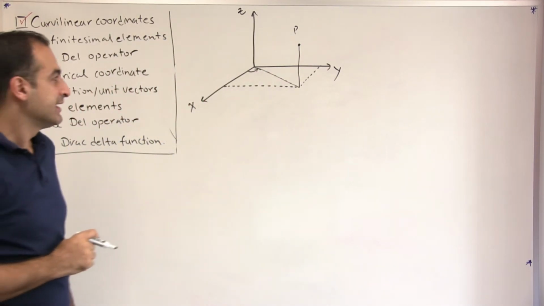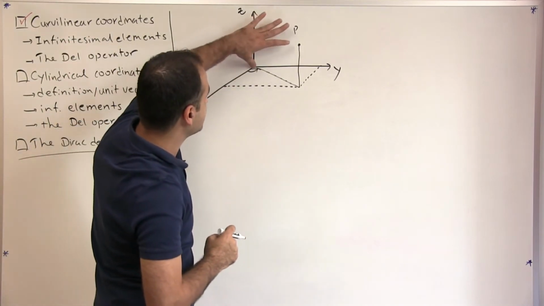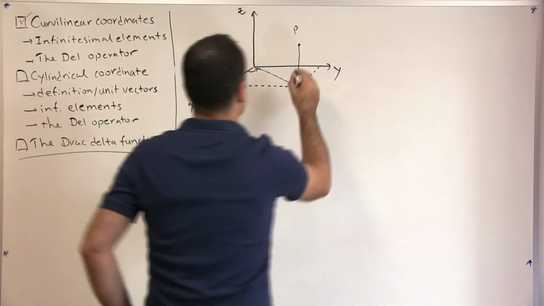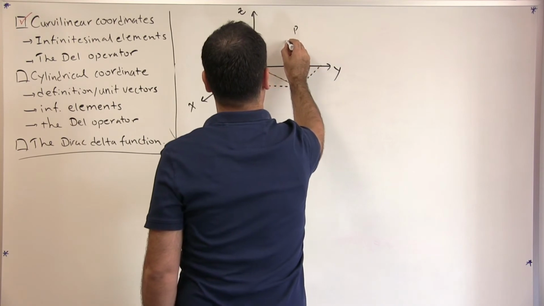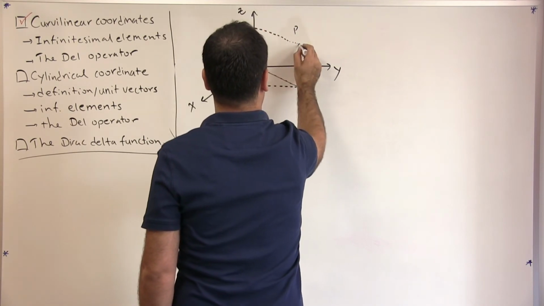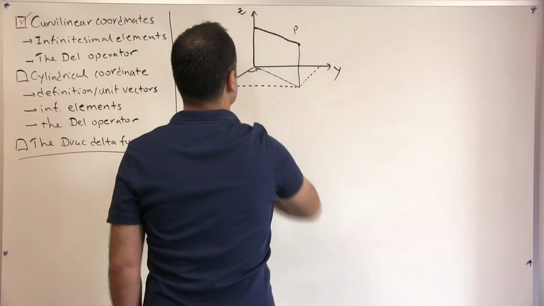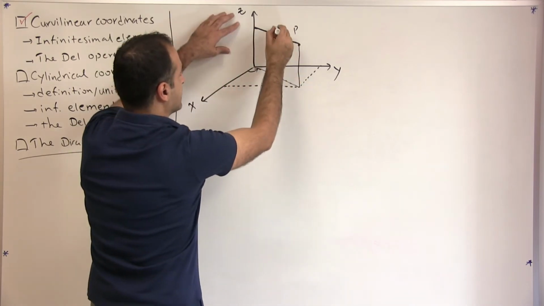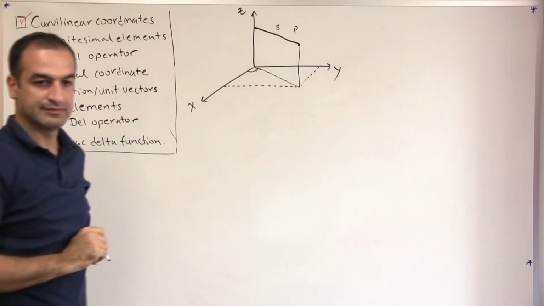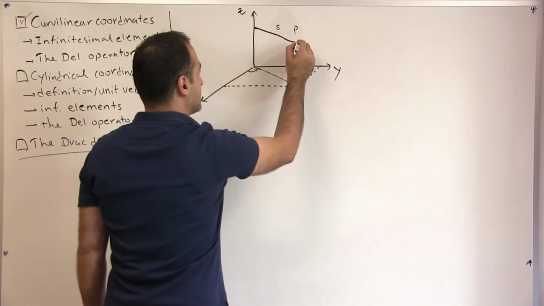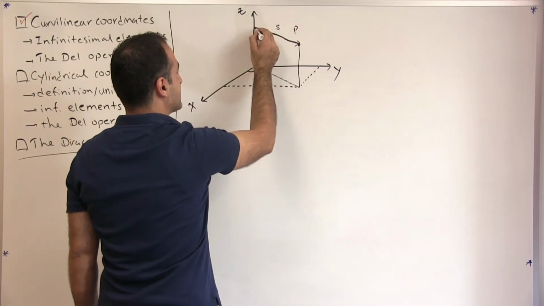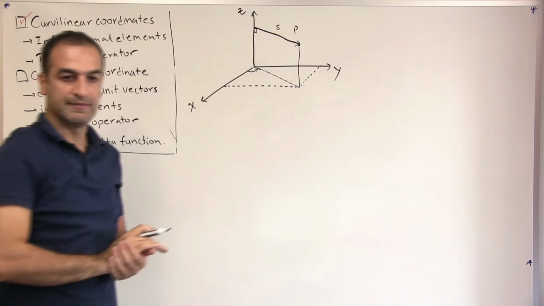Instead of looking at the distance from the origin, now what we do is look at the distance from the z-axis. So we first look at this distance, and I'm going to call that S. S is how far this point is from the z-axis, and this is a 90-degree angle.